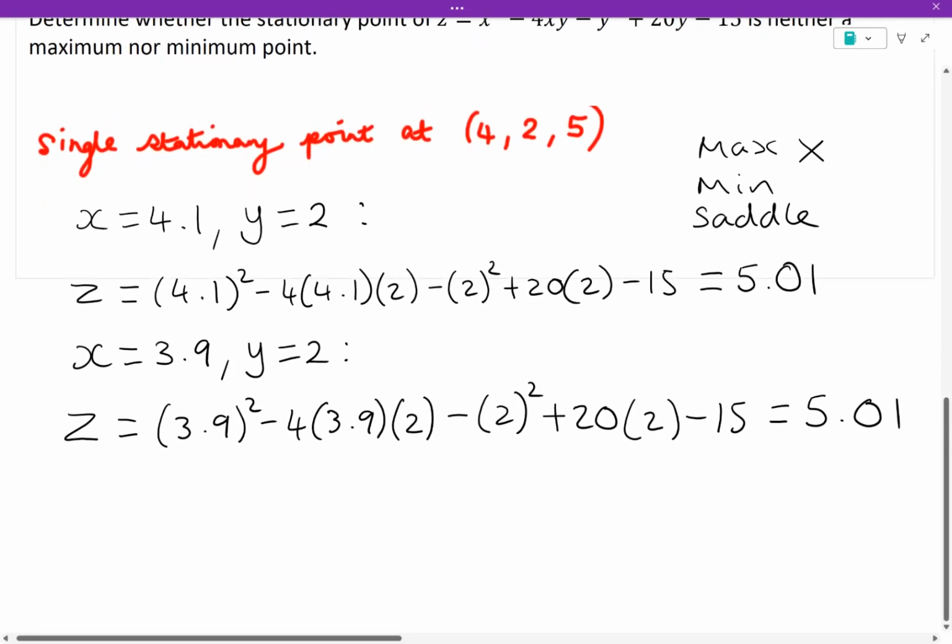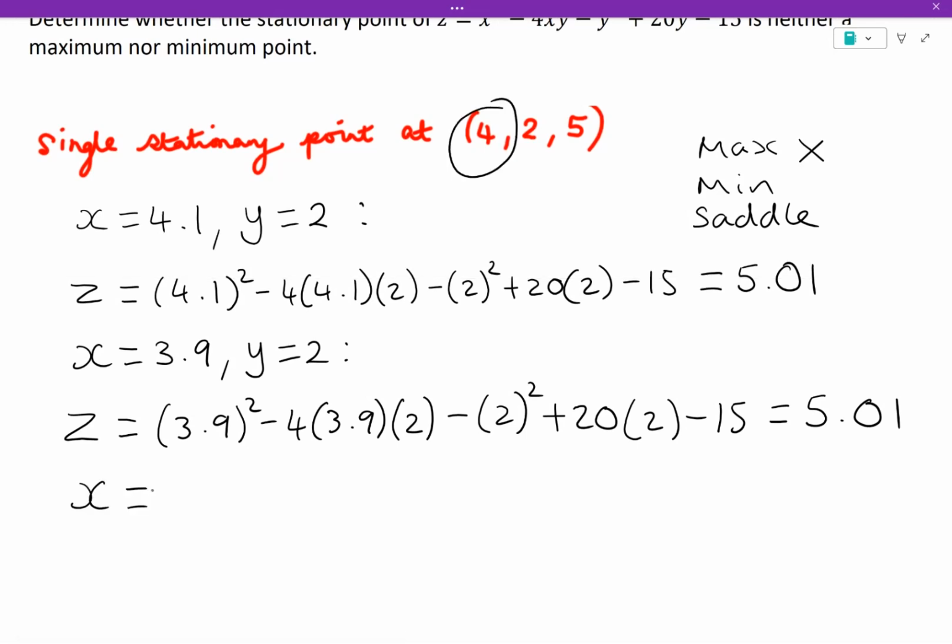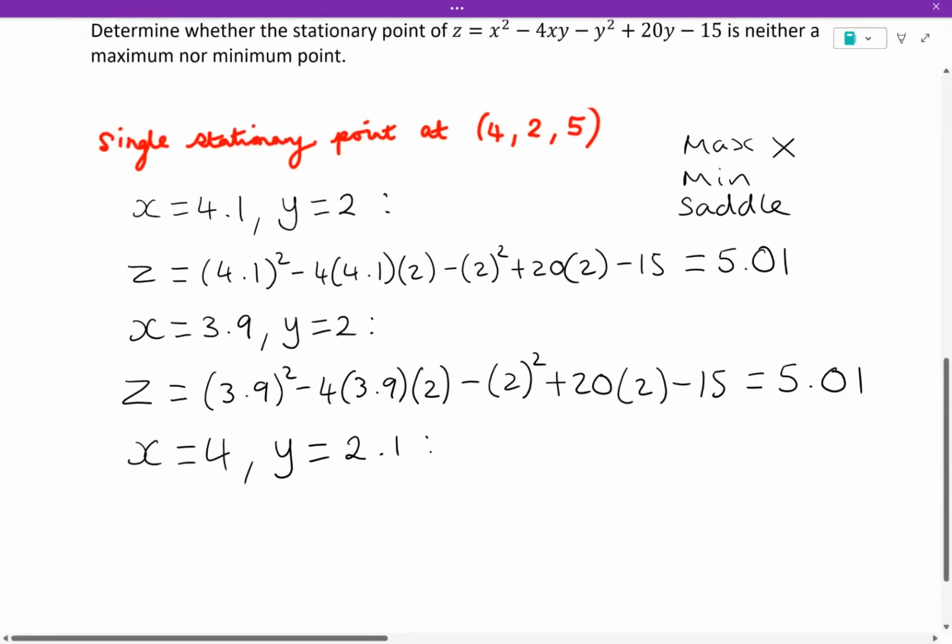Let's change that. So this time I'm going to keep x as the original value, which was 4. But let's now substitute a different value for y. Let's increase it a little bit. Let's go with 2.1. So then we're going to substitute into our surface equation.